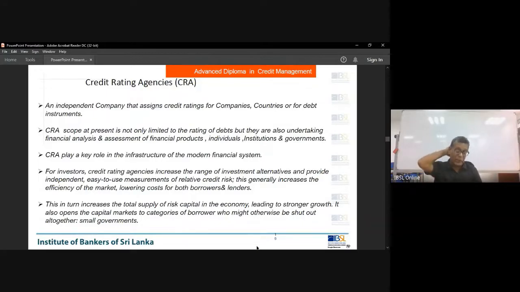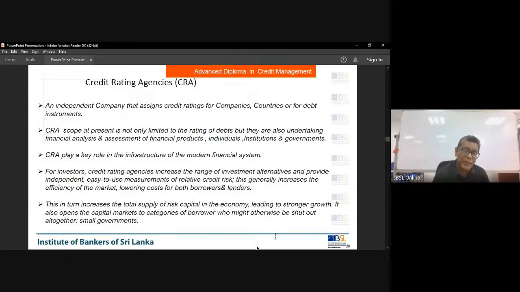As I explained to you, even though we have around 75 credit rating agencies, these three, Fitch, Moody's, and Standard and Poor's, represent almost 85% of the world credit rating market.